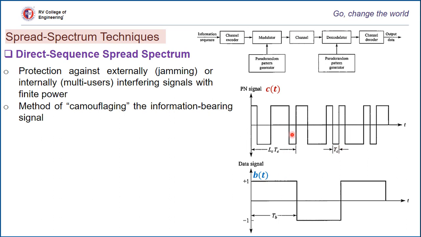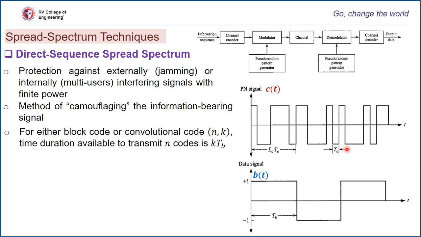So when you multiply these two signals, b(t) gets chopped up into small pieces, each of duration Tc, where Tc is the duration of the chip or PN signal. These are called chips.